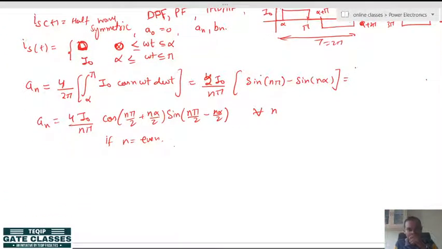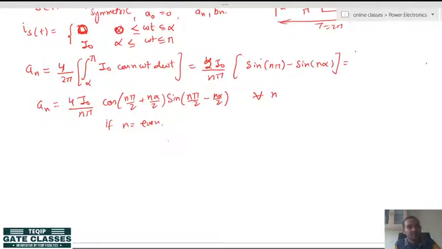And here cos will become cos pi plus alpha, and sin pi minus alpha. So, let us say n equal to 2, I am calculating.